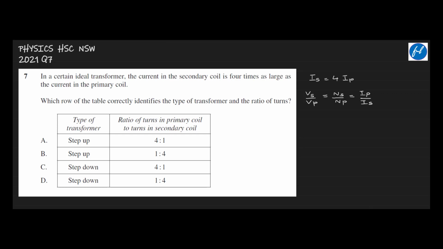So current in the primary divided by current in the secondary from here will be equal to 1 divided by 4. So whether it is a step up or step down will be decided by the voltages.